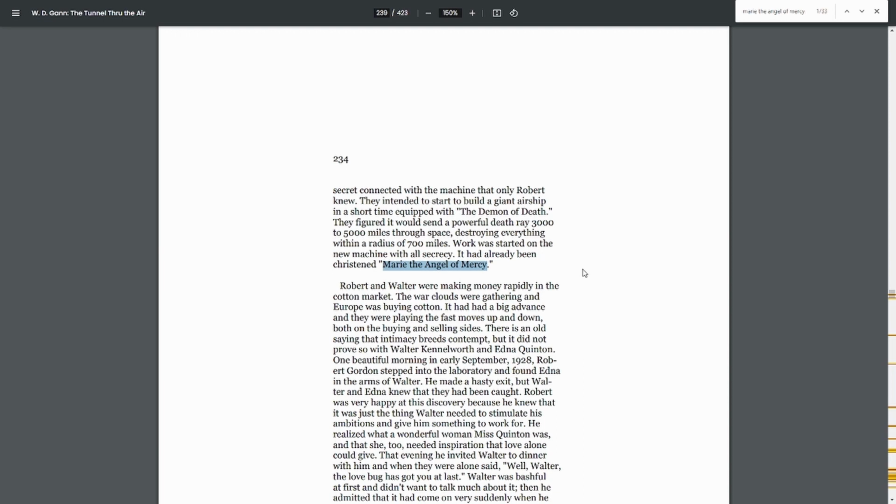It had already been christened Mary the Angel of Mercy. This is the third CR cycle, and you can find this firstly at page 234. These are the CR cycles. If you are interested, if you want to figure out these cycles, you can study with them if you wish, but it's hard to decode them, trust me.